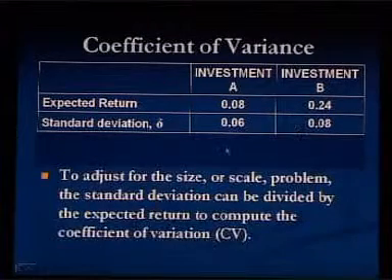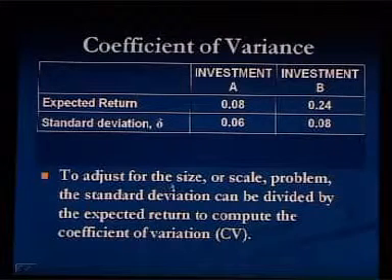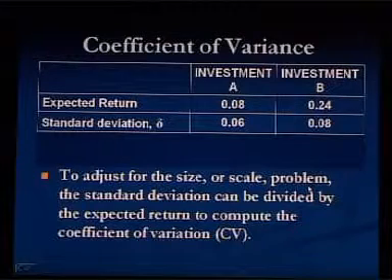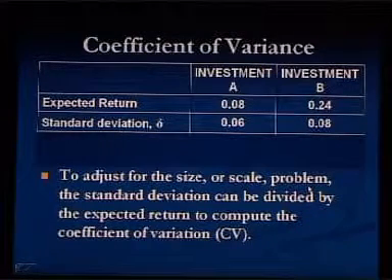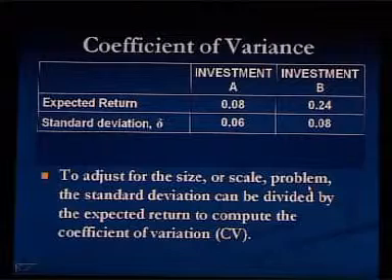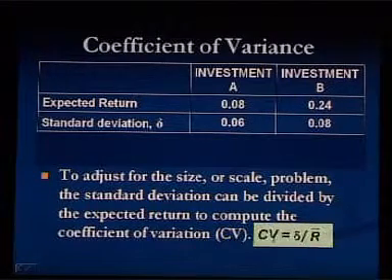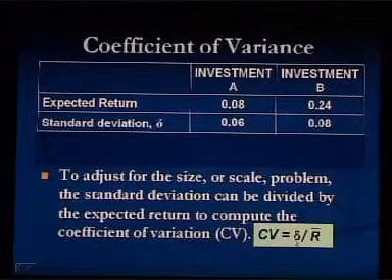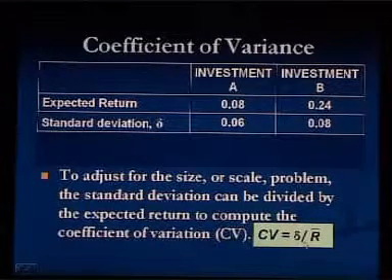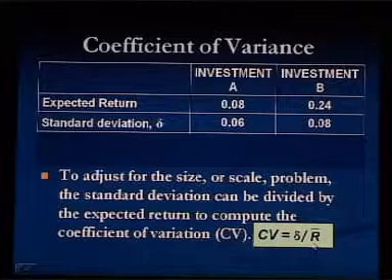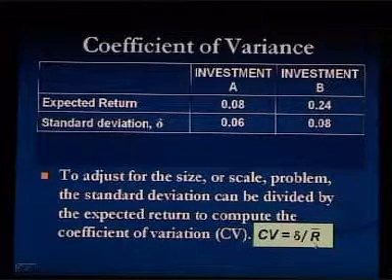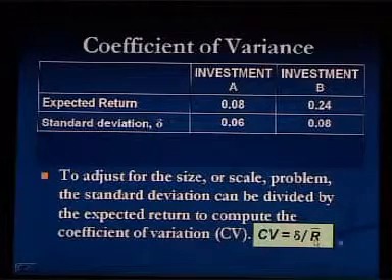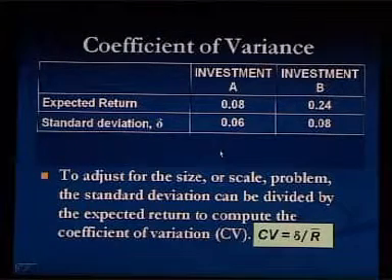So, to adjust for the size or scale problem, the standard deviation can be divided by the expected return to compute the coefficient of variation. This coefficient of variation can be calculated by using this formula, that is the standard deviation divided by the respective expected return, that is R bar. Now, by using this formula we can calculate the coefficient of variation for investments A and B here.